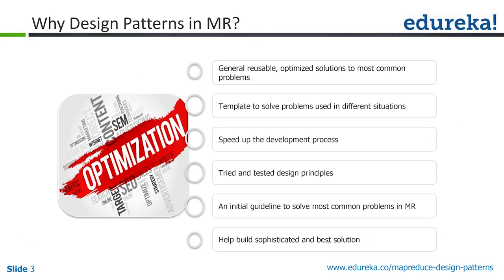Why design patterns are most important, not only in MapReduce, but across all technologies like Java, maybe .NET, or any framework, right? Basically, design patterns are heavily considered first in any coding, correct?